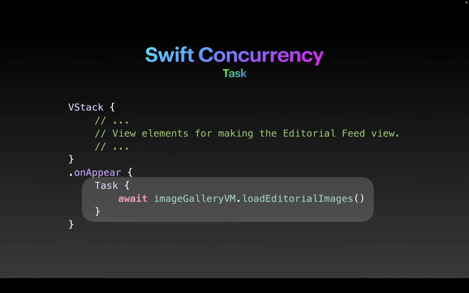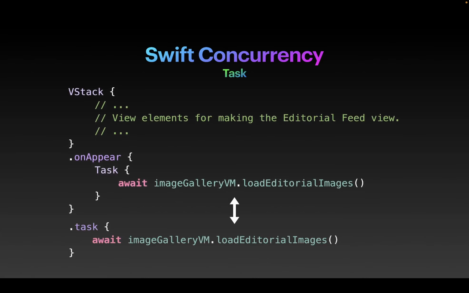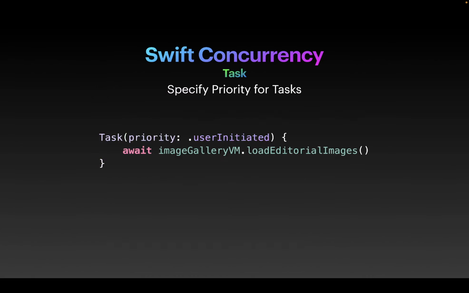This is equivalent to using .task. They are equivalent. Of course, you can set a priority for the tasks. Task can take a parameter named priority. You can take a look at the documentation of this class, and there are some different options here. For example, in this case, we're going to use userInitiated.